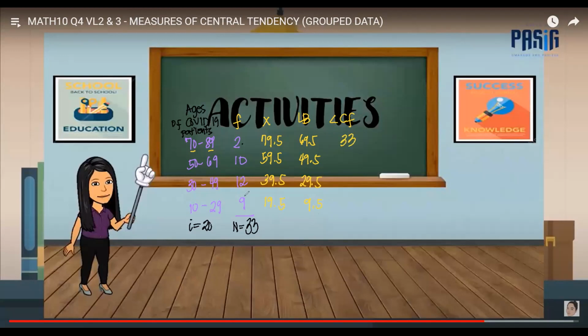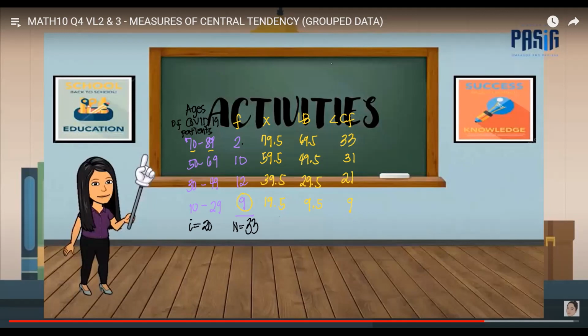At ito yung pinakamababa, yung frequency niya, yun yung CF niya. So 33 minus 2, 31 minus 10, 21, minus 12 is 9. So, sana nakikita niyo yun dito sa baba, no? Medyo ano na kasi siya eh. Okay? Nakikita niyo naman siguro.